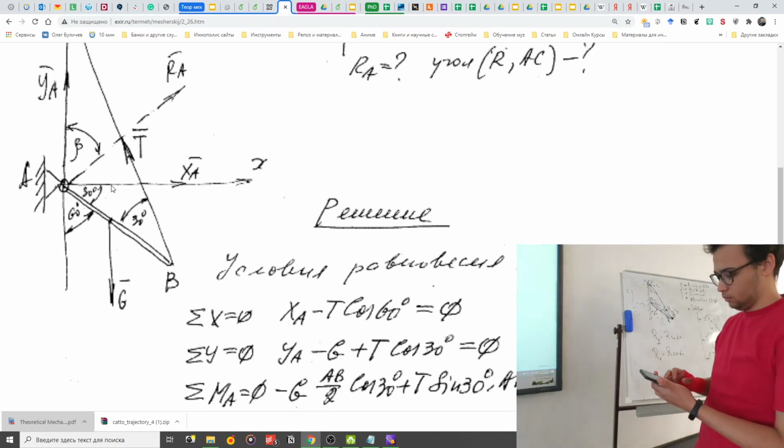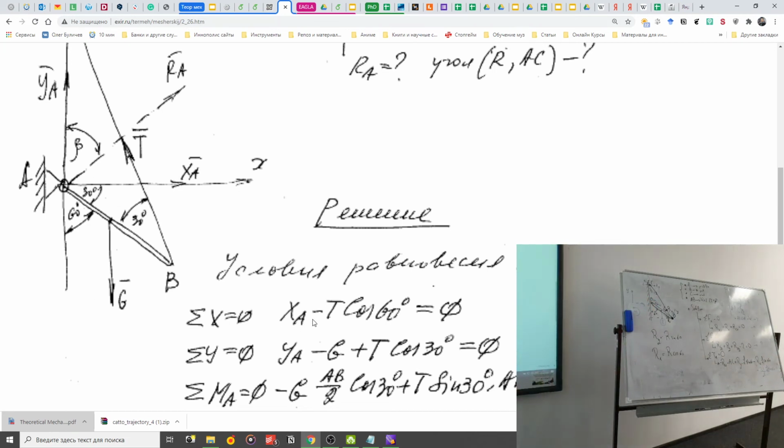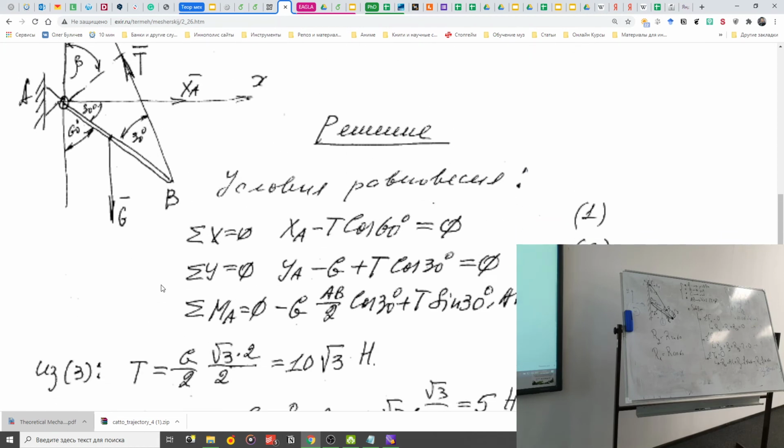So it's your Rx, Ry, the same. T cosine, T sine. It's obvious. You did the same, yes? Yeah, exactly the same. Torque around A. Yeah, also around.